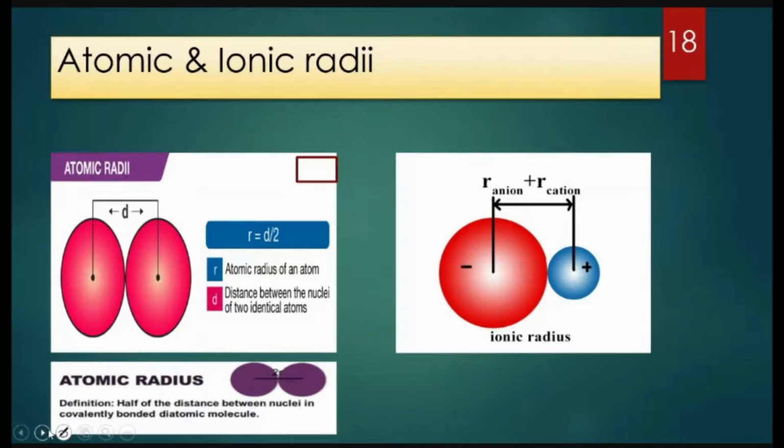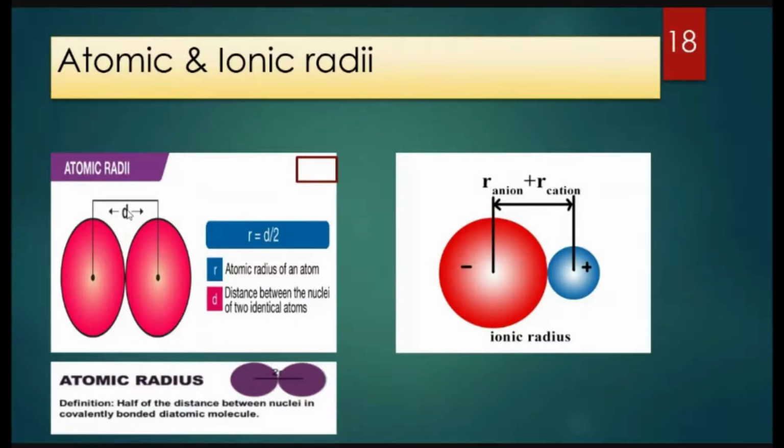Here, atomic radius, the definition is half of the distance between nuclei in a covalently bonded diatomic molecule. In the first picture we have a diatomic molecule where two atoms are bonded to one another. Here you can see, D is the distance between the two nuclei of a covalently bonded diatomic molecule.